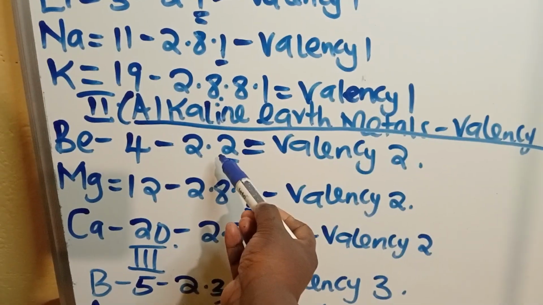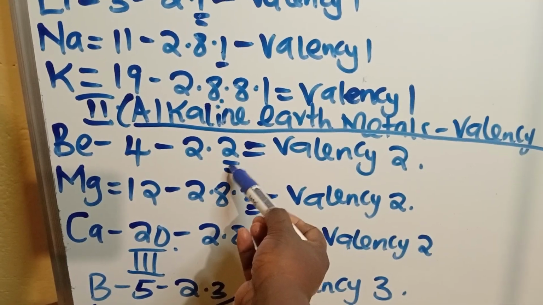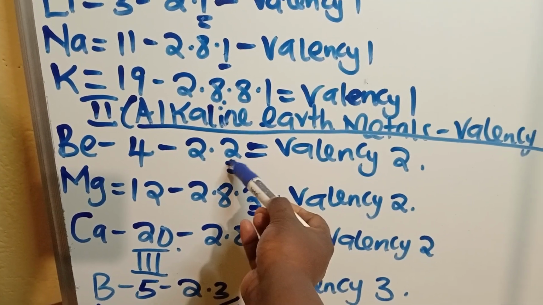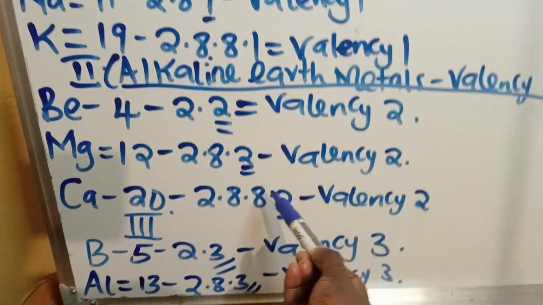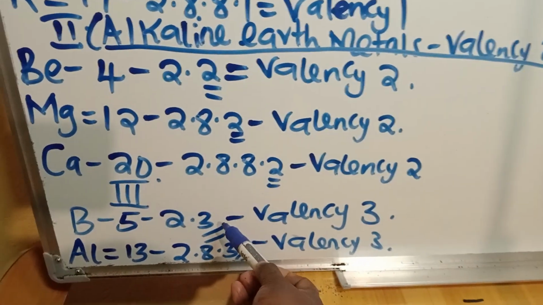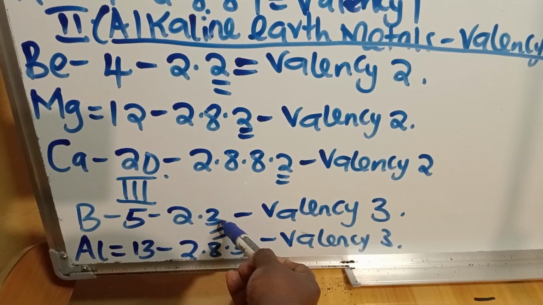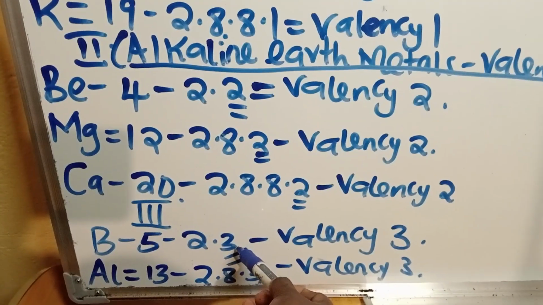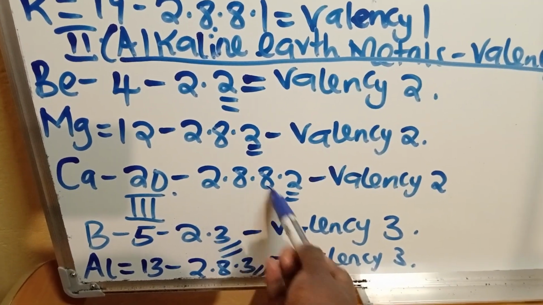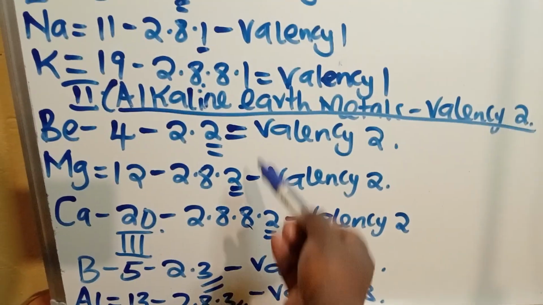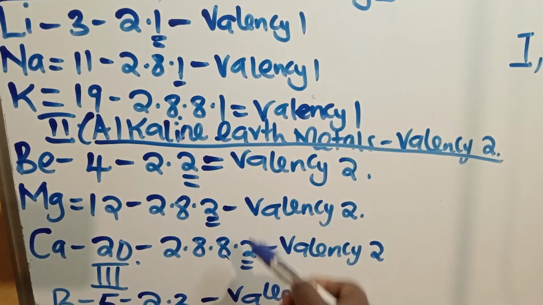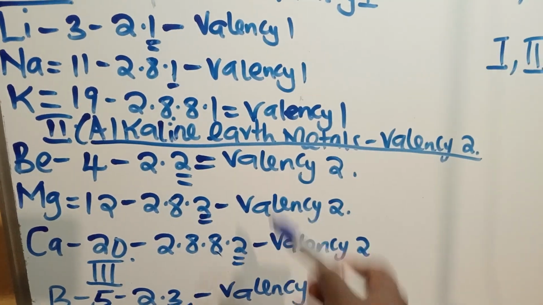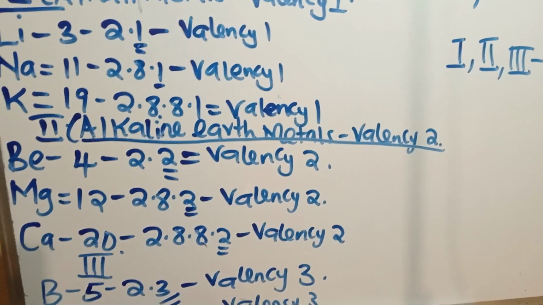When you go to group 2, it is very easy, and they use less energy to lose these 2 other than gain 6. Group 3, they use less energy to lose the 3 electrons from the outermost energy level other than gain 5. So, when the 3 groups lose the electrons from the outermost energy level, they become stable.